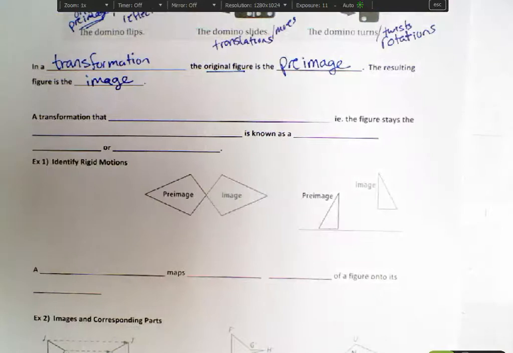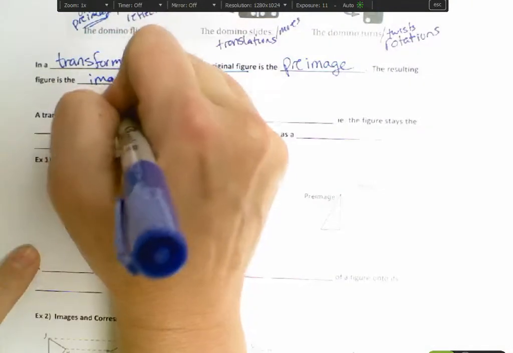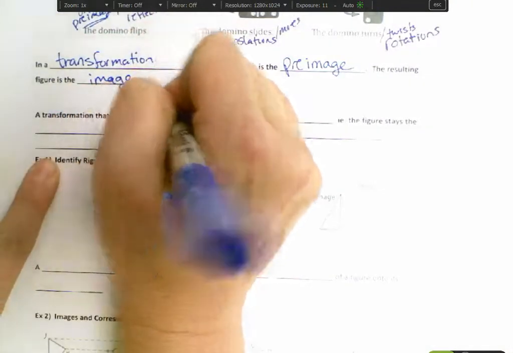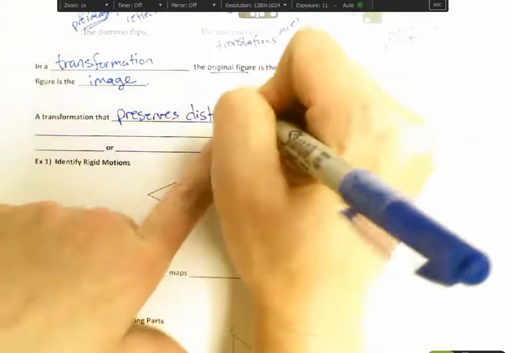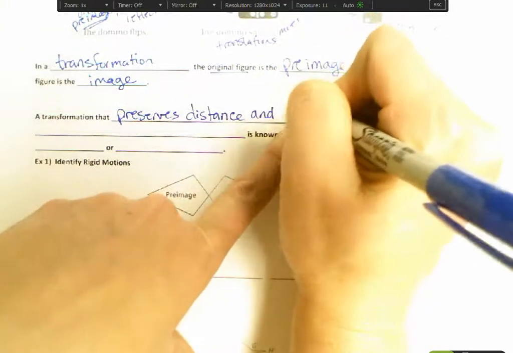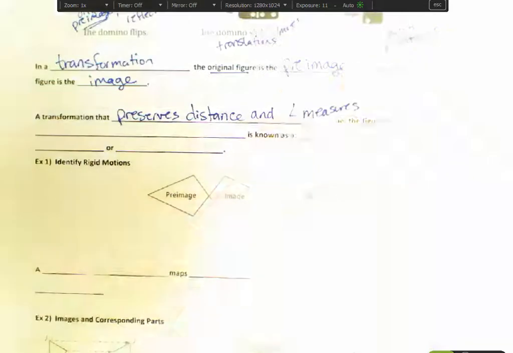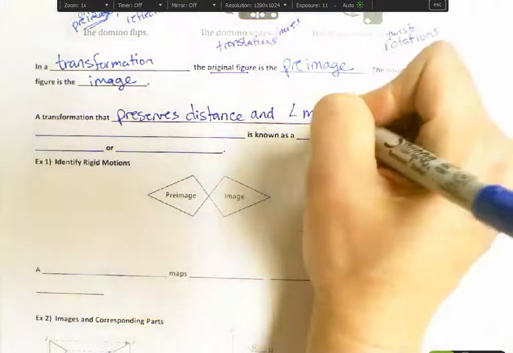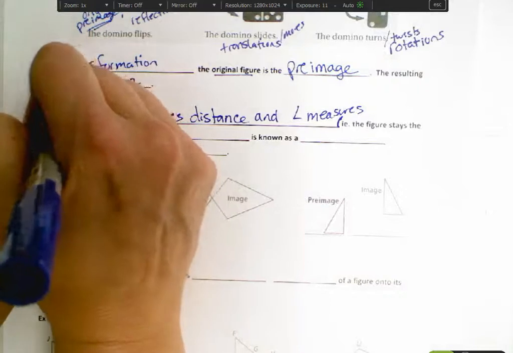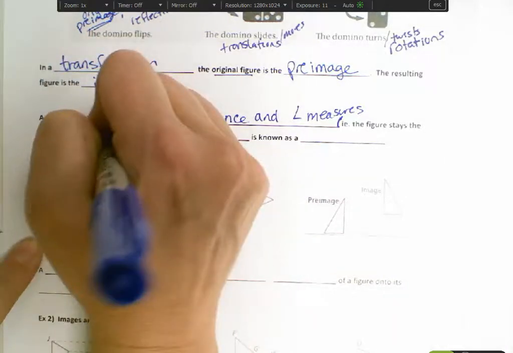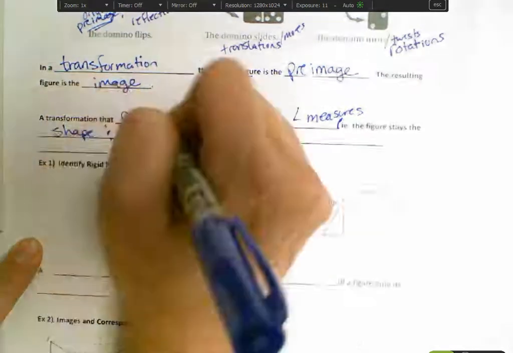A transformation preserves distance and angle measures. In other words, the figure stays the same shape and size.